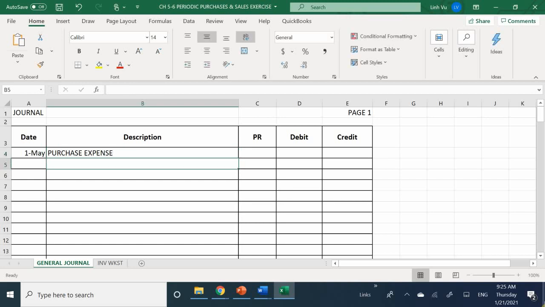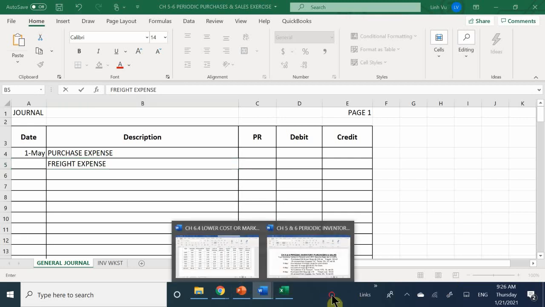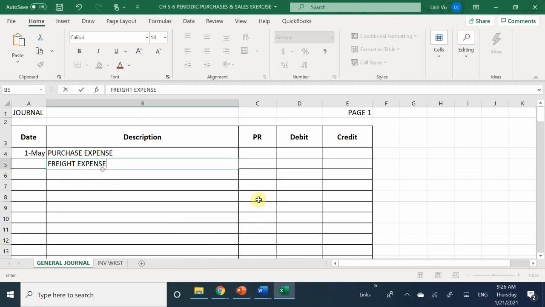Freight expense. Good. And what else do we know? What was a given piece of information, how did we pay for it? Accounts payable. We placed it on account with Cuppy's Co. Yes, we did. So I'm going to place it here.